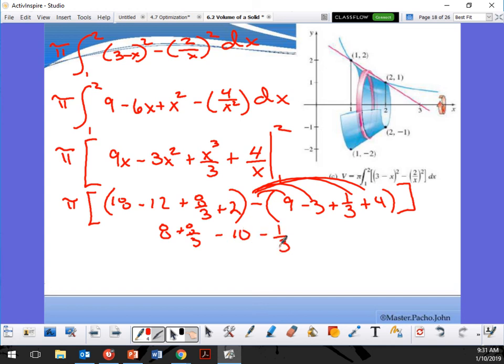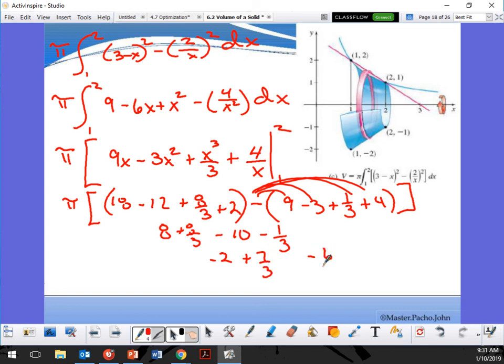So that is a negative 2, and this is going to be a 7, so it's plus 7/3.